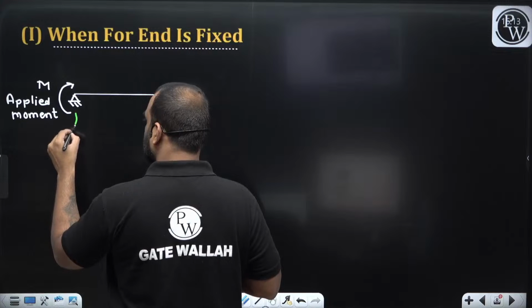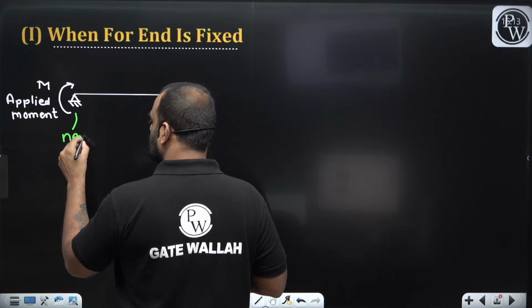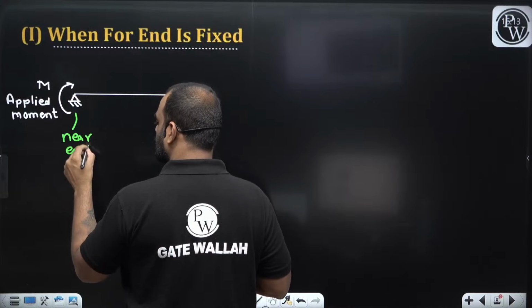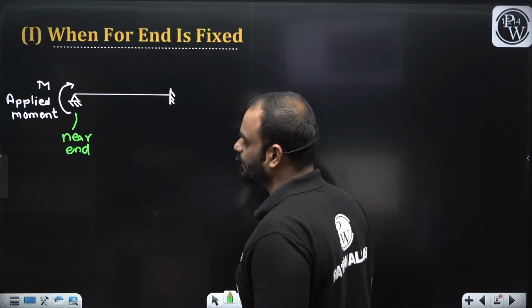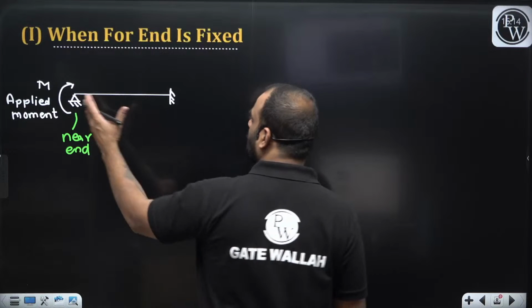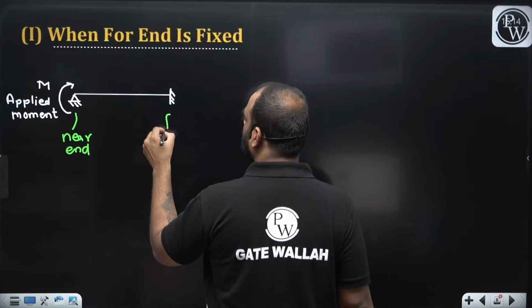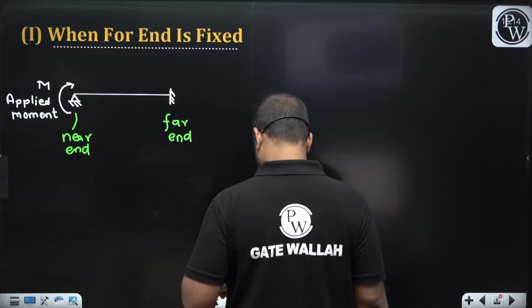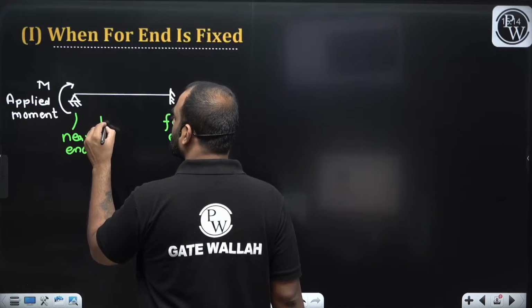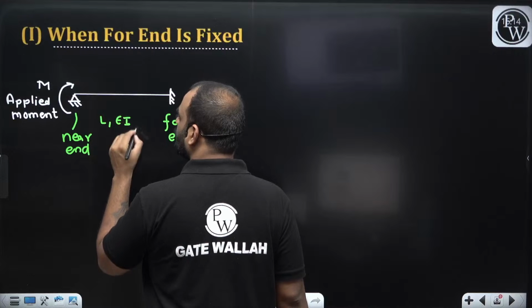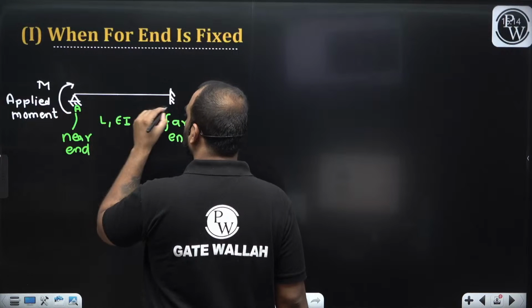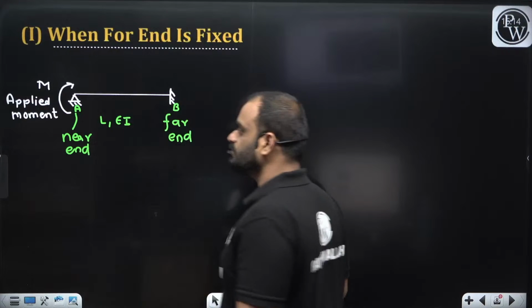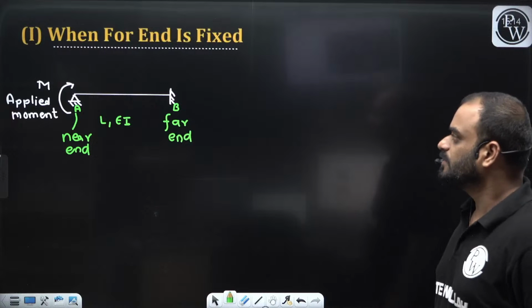And just opposite to this end, it will become the far end. Let us suppose the length of the member is L, EI is constant. This end is A and this end is B.